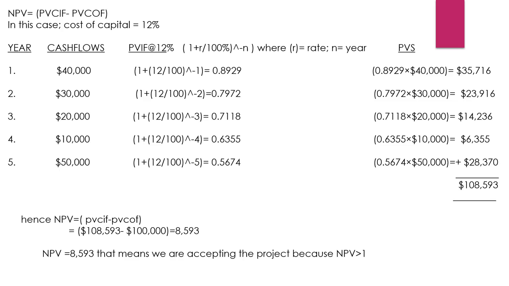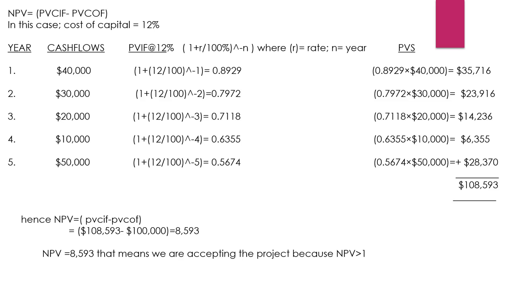So the value you get is 0.8929. The present value will be 0.8929 multiplied by the cash flow, which was $40,000. So the present value is $35,716.